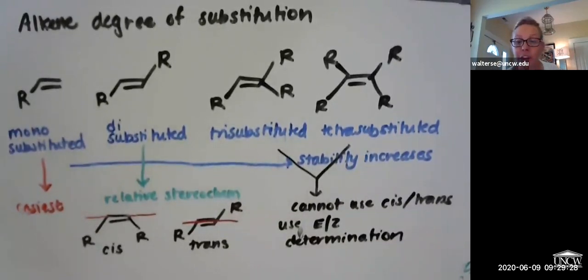Now, when you are asked questions about determining E and Z, you're not going to have to name the whole thing. You're just going to have to determine whether something is E or whether something is Z.